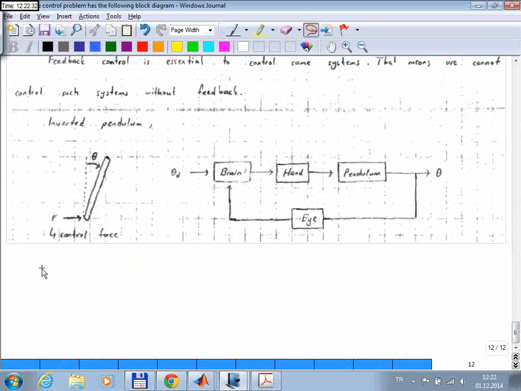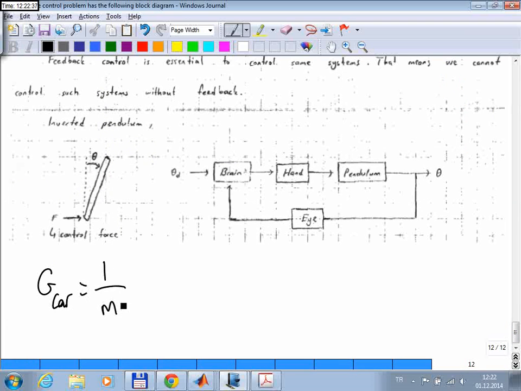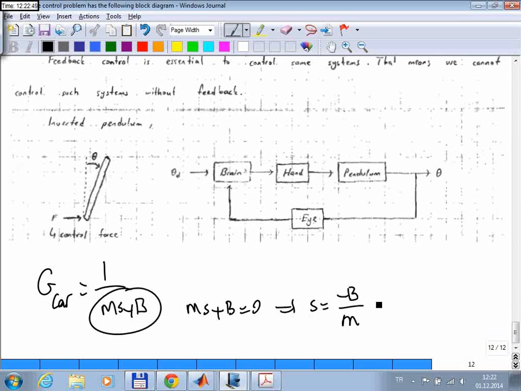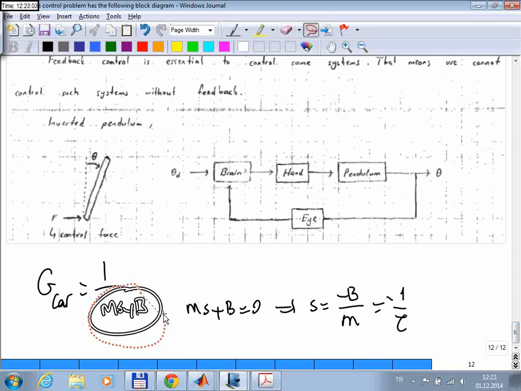The pole can be found by equating the denominator to 0, which gives minus b over m, and this is equal to minus 1 over tau, since tau was defined as m over b. So the pole of the system determines how fast that system moves.